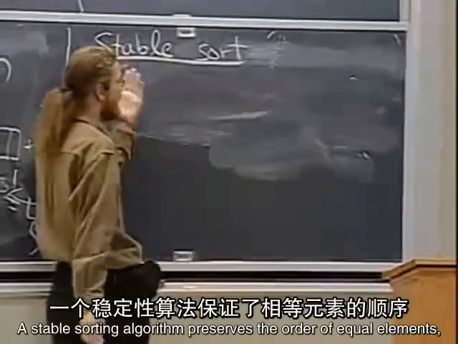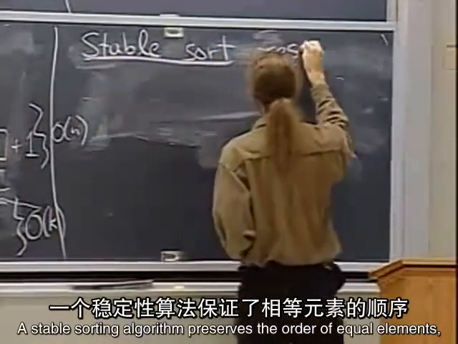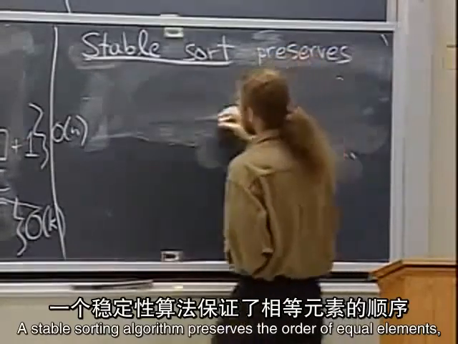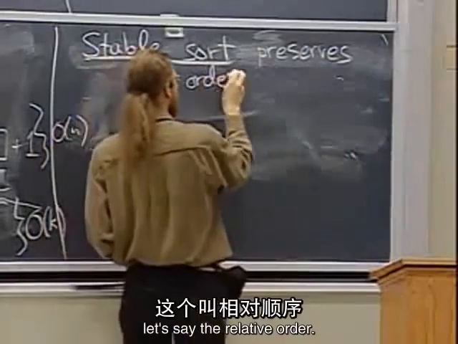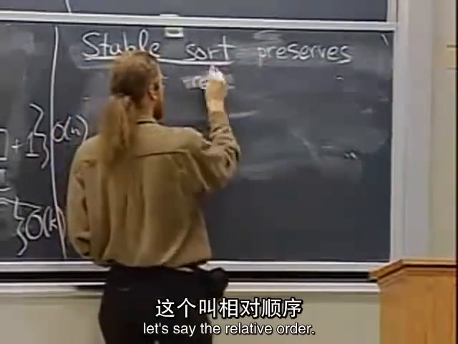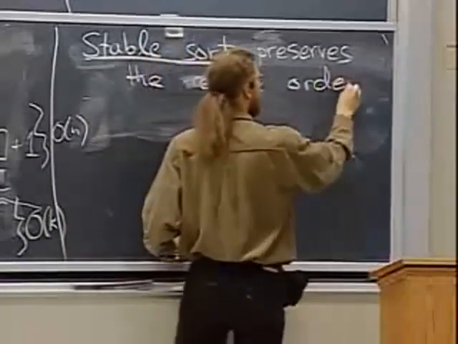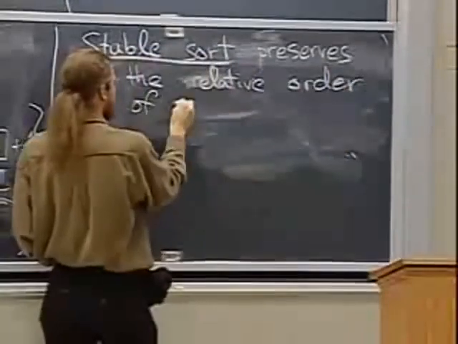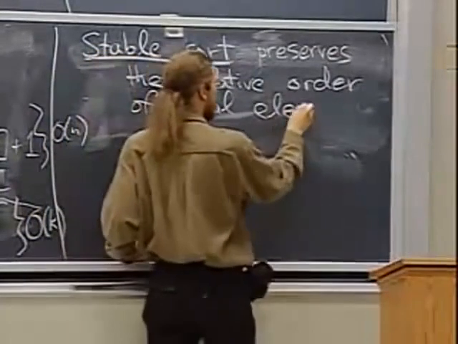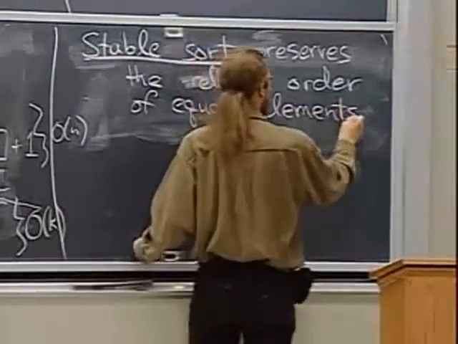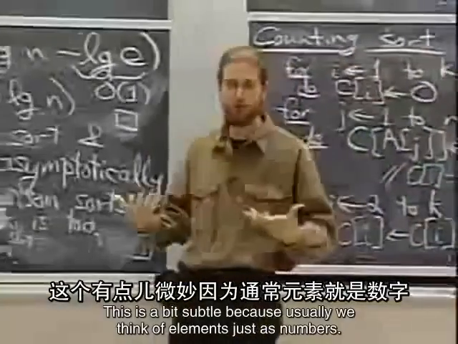A stable sorting algorithm preserves the relative order of equal elements. So this is a bit subtle because usually we think of elements just as numbers.